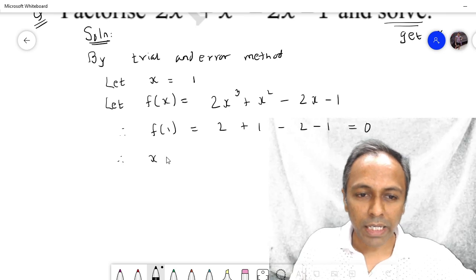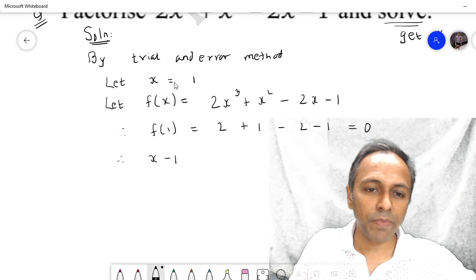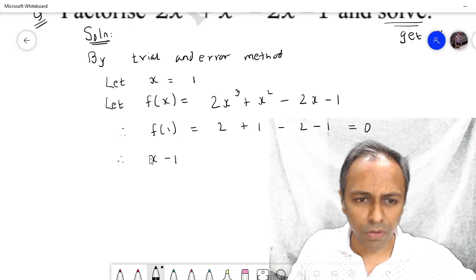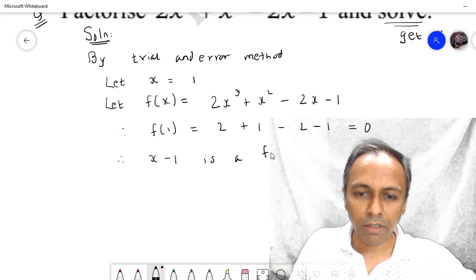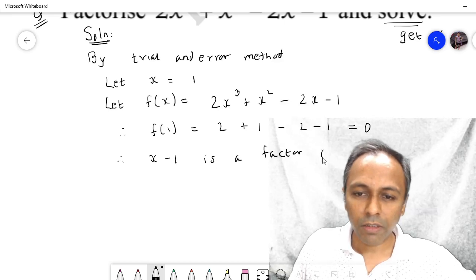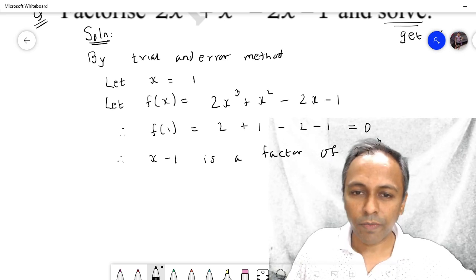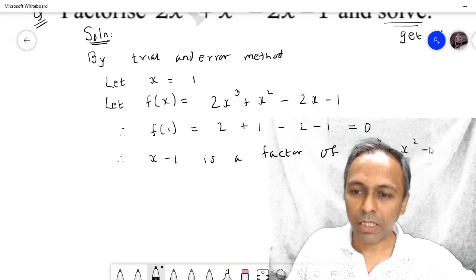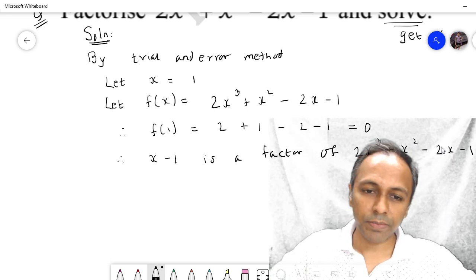Therefore x minus 1, see, 1 if goes here it will become x minus 1. So don't write then equal to 0, just write therefore x minus 1 is a factor of 2x cube plus x square minus 2x minus 1.